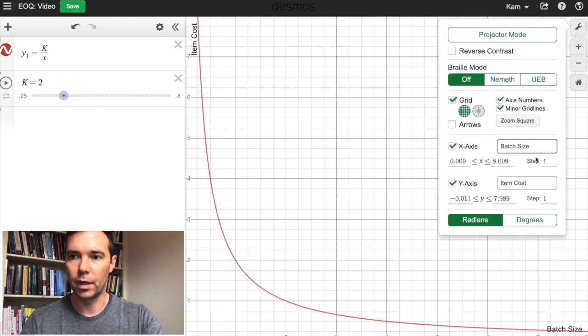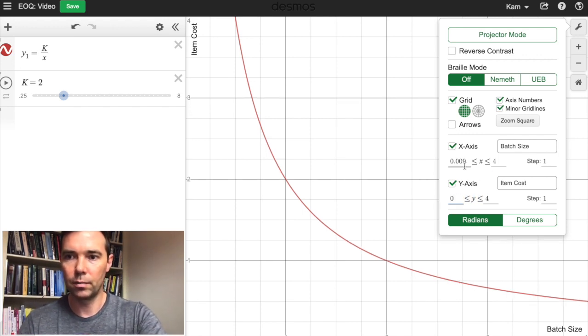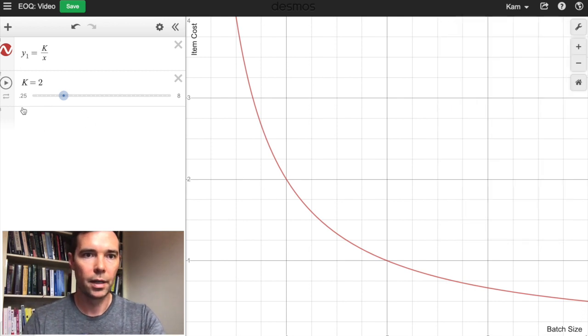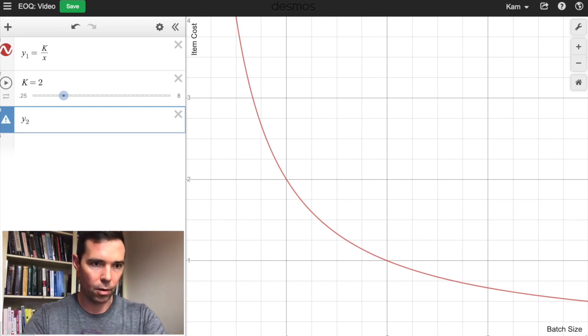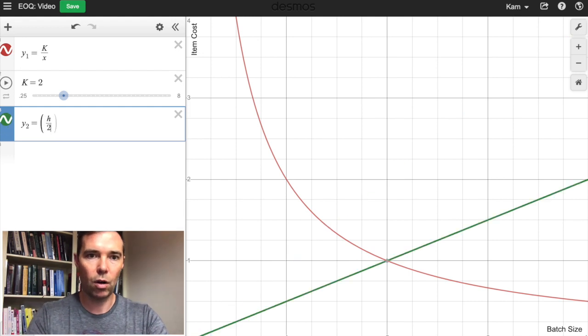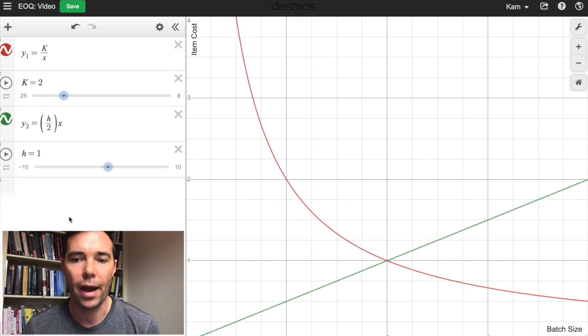And maybe we do want a little bit of a smaller scale here on the y-axis. Okay, great. Now, after this, we're going to want to also plot our holding costs, which the average holding cost per item is going to be the holding cost per item over 2, because each item is held on average half of the time of the batch.